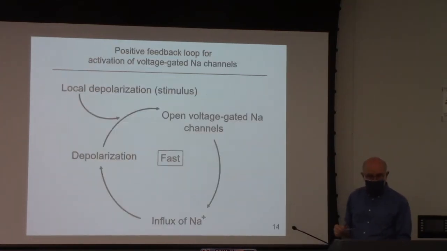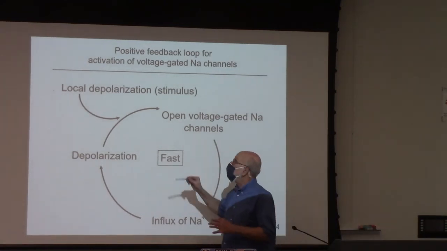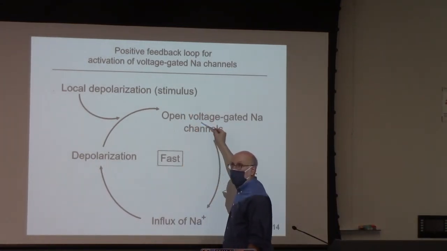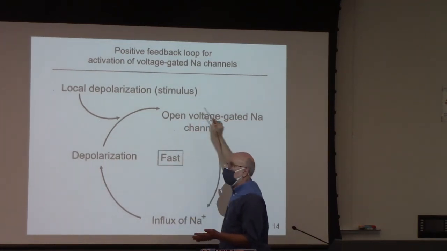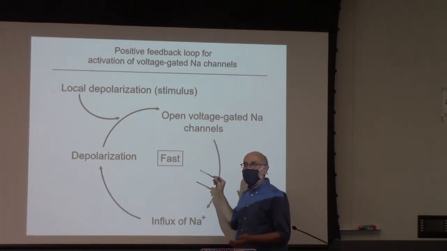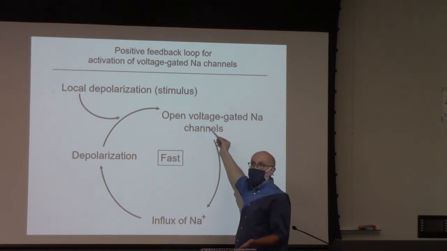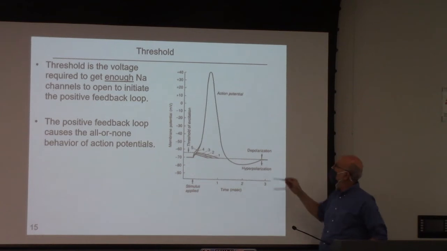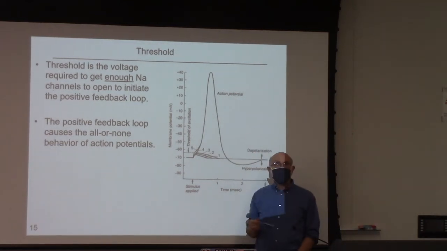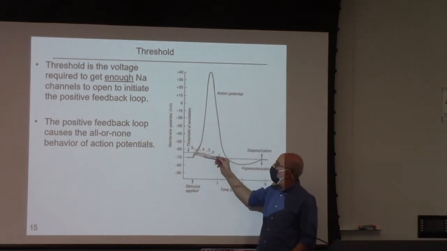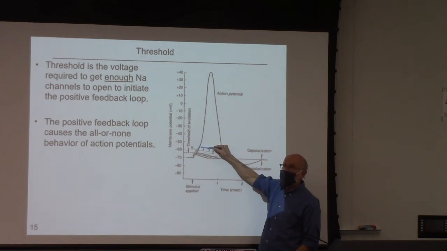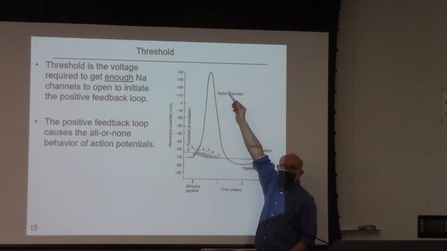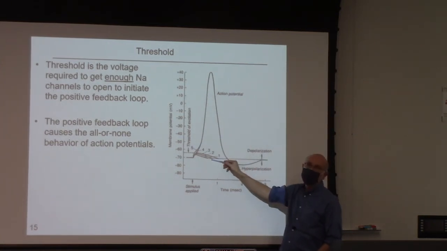Once enough sodium channels are opened by the beginning to cause this feedback loop to go around and around, and it opens all of the sodium channels, that's what makes action potentials all or none. You either open up enough to open them all, or you don't.